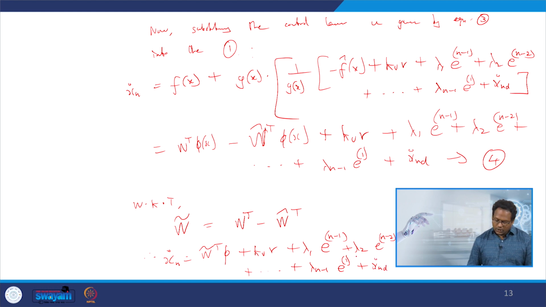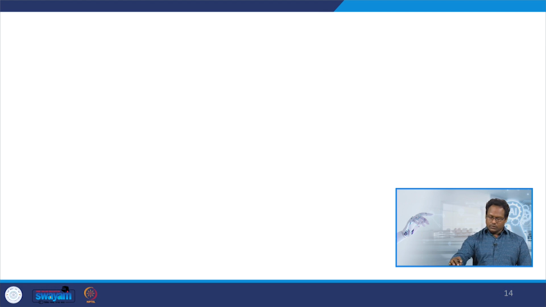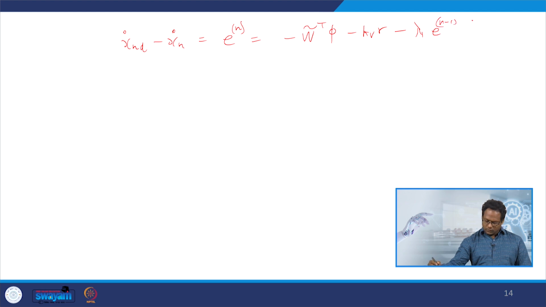So, this equation can also be written this way, that is x n d dot minus x n dot equal to the nth derivative of error, which is equal to minus w tilde transpose phi minus kv into r minus lambda 1 n minus 1th derivative of e minus lambda 2 n minus 2 derivative of e minus, it continues, minus lambda n minus 1 first derivative of error e. So, this be equation number 5.